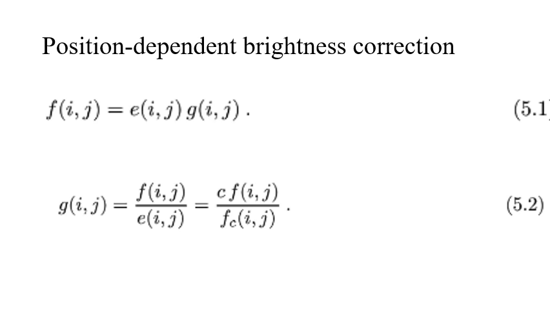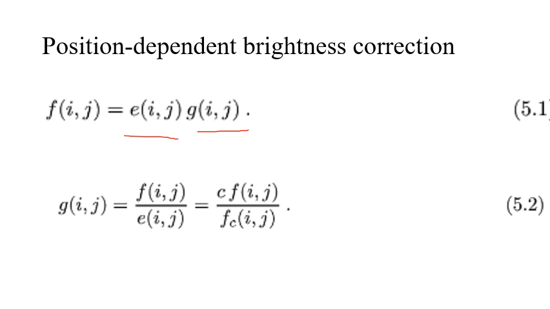If that is the multiplicative error coefficient E of i,j, then assume that G of i,j is the original undegraded image. Then we can say that f of i,j, the image containing the degradation, is the multiplication of the undegraded image function with the multiplicative error coefficient.